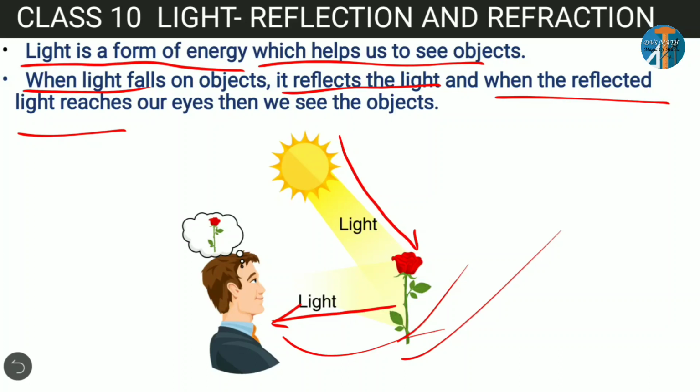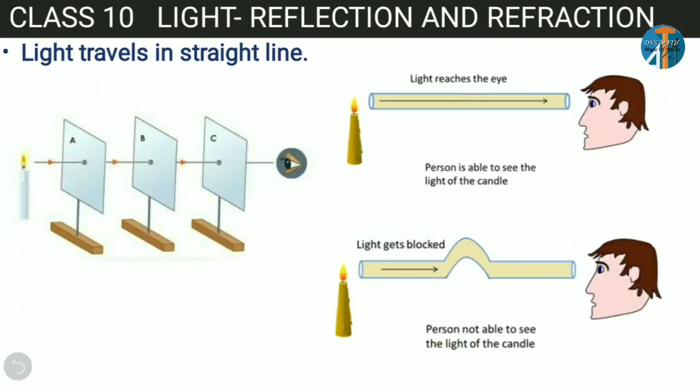Next, an important property of light is that light travels in a straight line. This is very important to remember, and you learnt this in your 8th standard also, one of the basic concepts: light travels in a straight line. In both situations you can observe this.